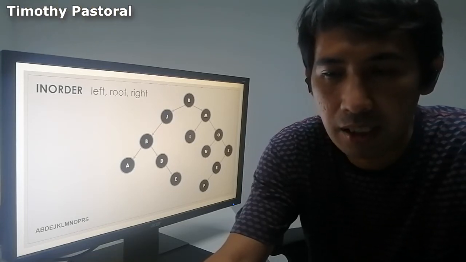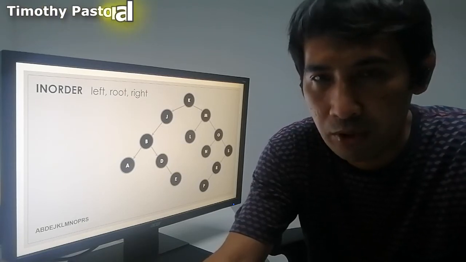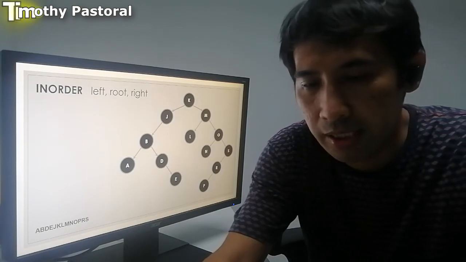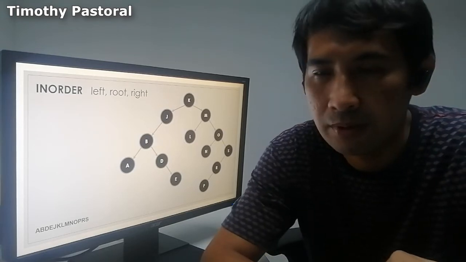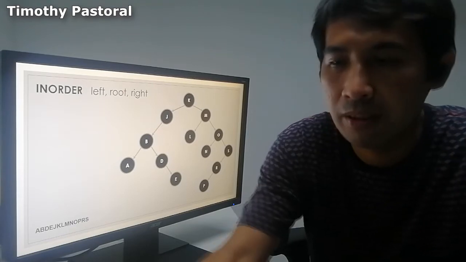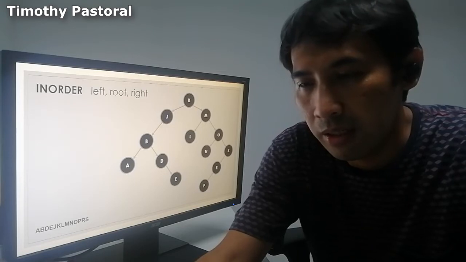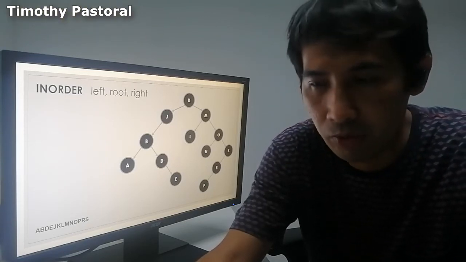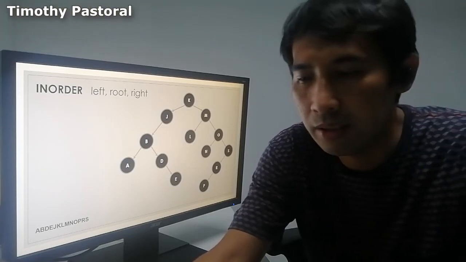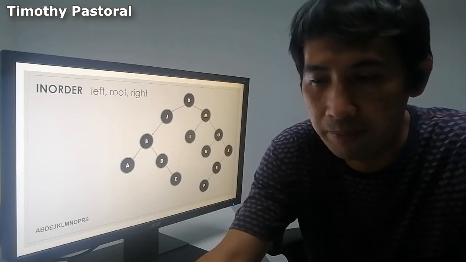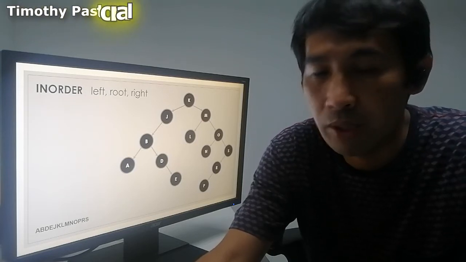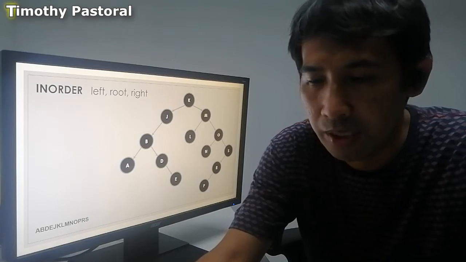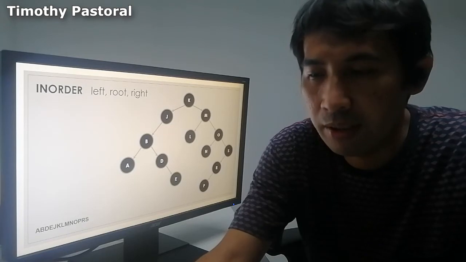Because L is the left child of letter M, so L first before M. And after L, we will be selecting M because M is the root of the child L. Then after letter M, we will select the letter N because N is the left child of the root O. Then after N, letter O because it is the root of letter N. And then letter P. Why letter P? Because S has a left child R and R has a left child P. So P first and then R, then followed by S.